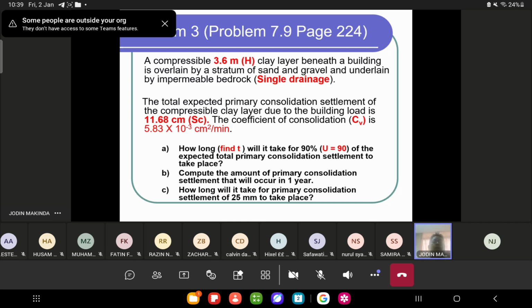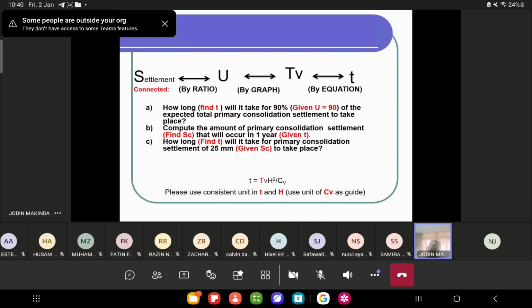So you are given 3 questions. How long for U90? What is the consolidation settlement for time 1 year? And how long for 25 centimeter settlement?